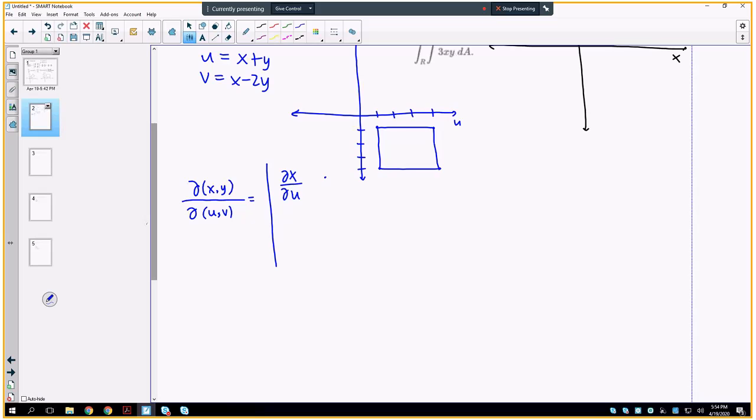So I'll have x as a function of u and v, and y as a function of u and v, and I'll find the first partials of x and y with respect to u and v.